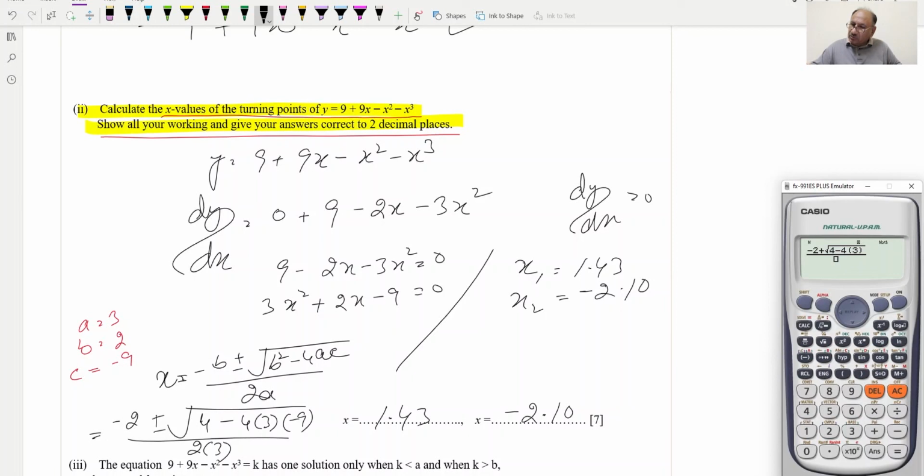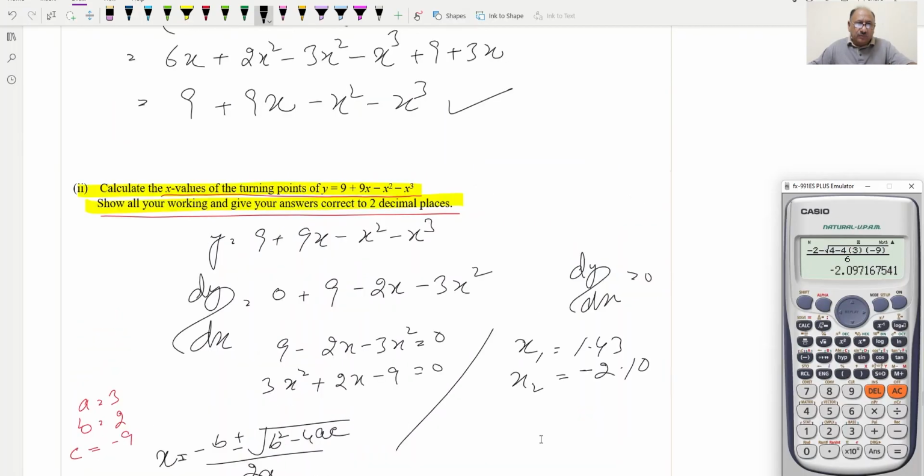You can check the same result, and if you change the sign over here to negative, you will get the negative value also, which is the same. Hopefully you understood this. So these are basically the two turning points which we are getting: 1.43 is the turning point, and minus 2.10 is the other turning point.